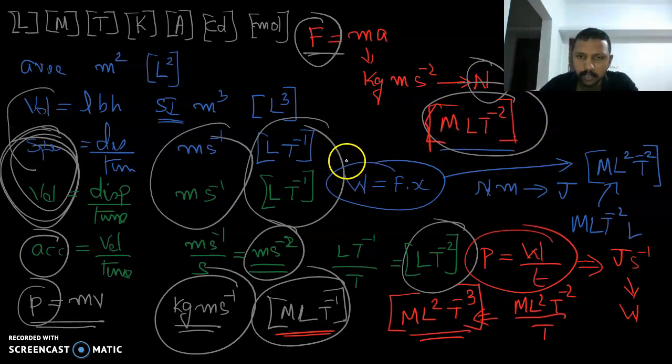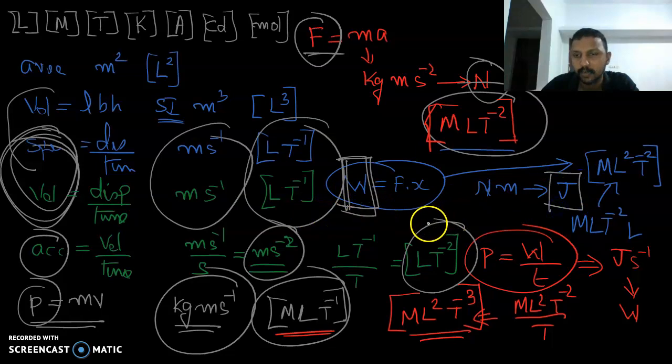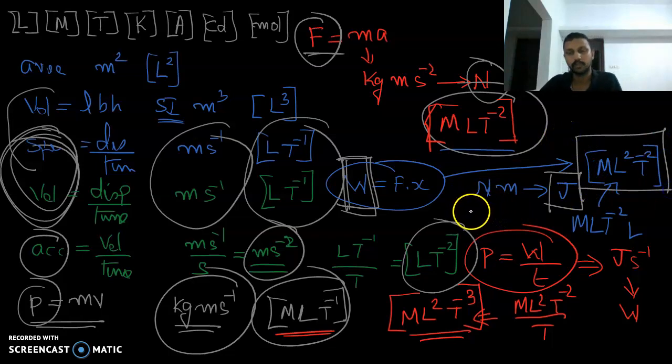The SI unit of work is joule, and its dimensional formula is ML square T raised to minus 2. MLT raised to minus 2 is the dimensional formula of force, while ML square T raised to minus 2 is the dimensional formula of work.